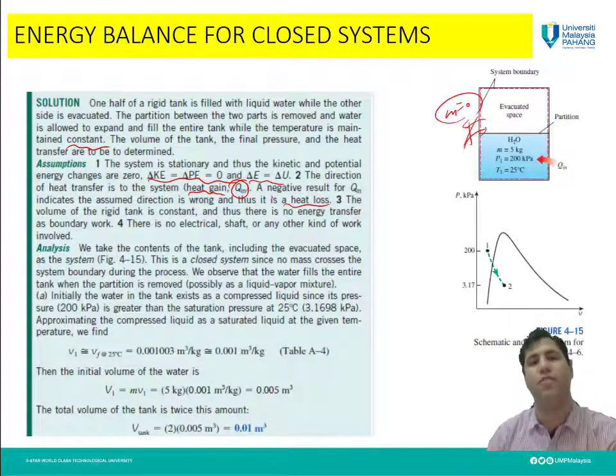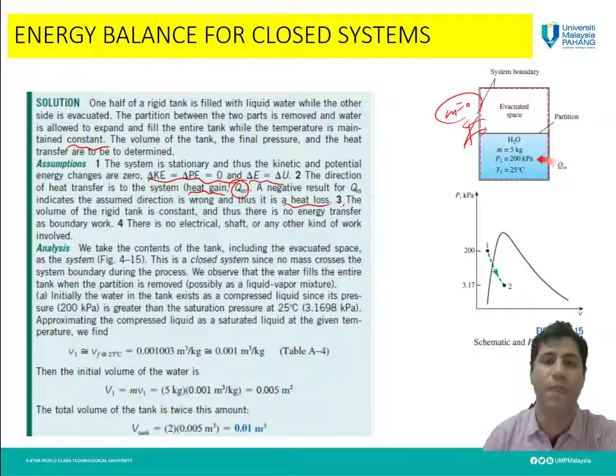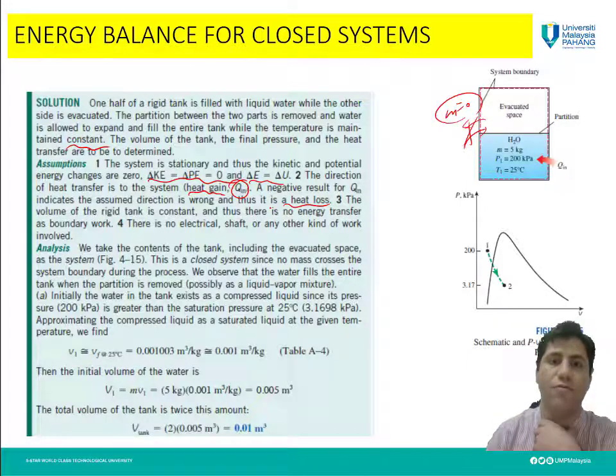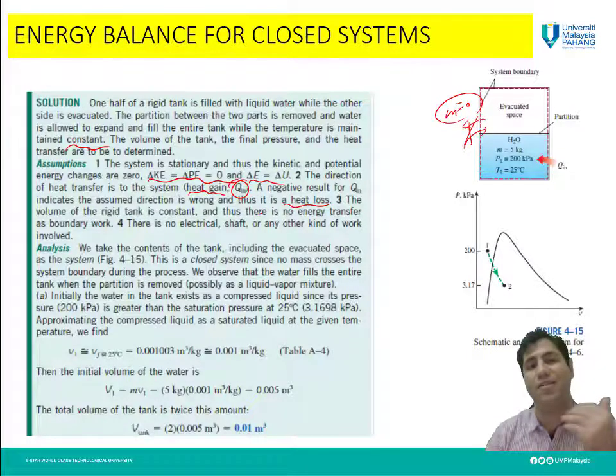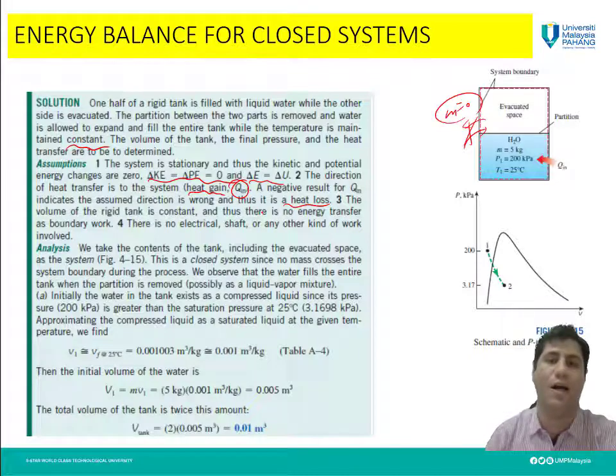So first we assume a direction for Q. Finally, we will find a value for Q. If it is a positive sign, it means the direction which we have selected for Q is okay. Otherwise, the assumption for the direction had been wrong, and instead of heat gain for the system, we have heat loss from the system.